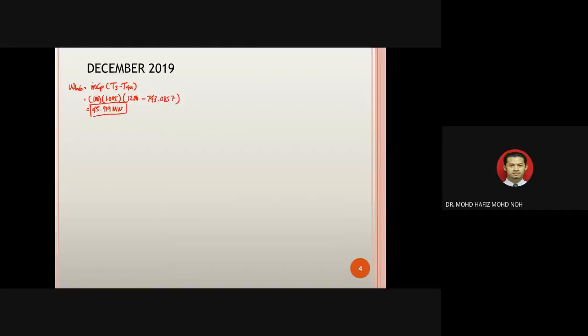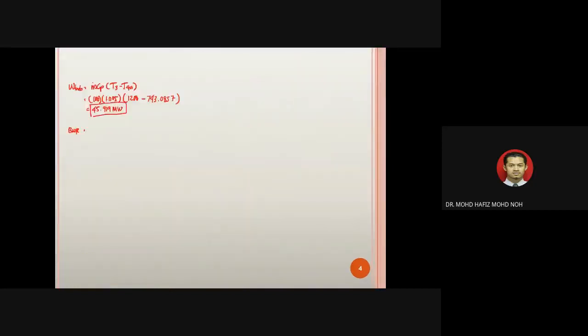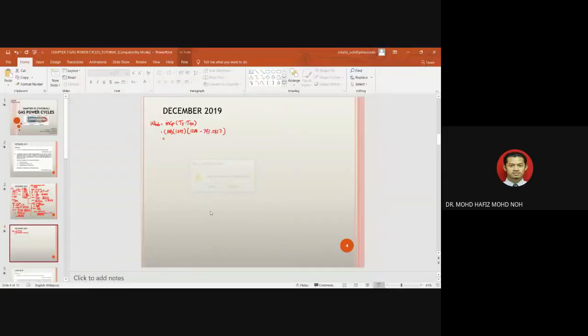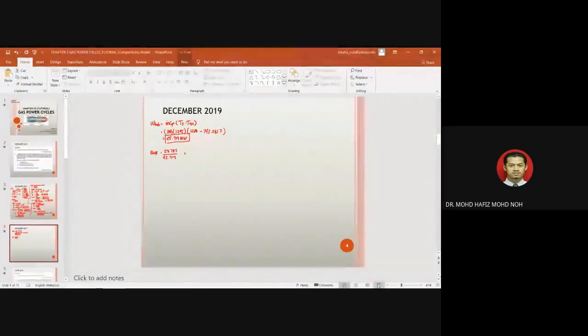Then the back work ratio: we just divide W compressor, which is 28,782, by 45.919. The back work ratio here is equal to 0.627.